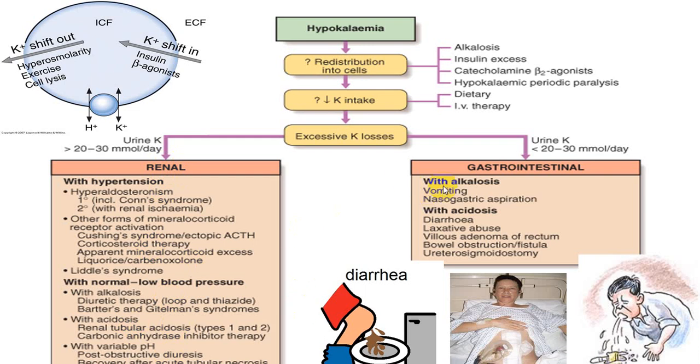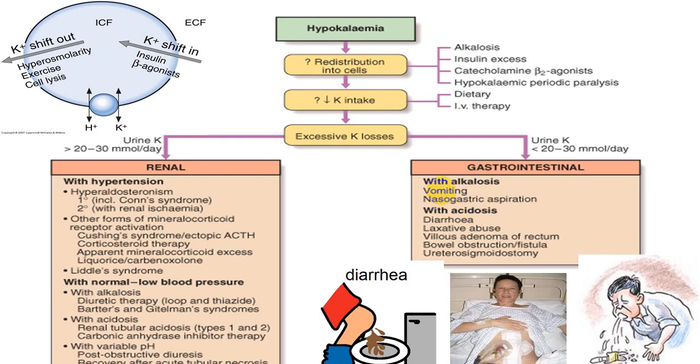While with GI tract losses, in vomiting person will have alkalosis, and nasogastric aspiration also person will have alkalosis because they lose a lot of H ions and chloride.